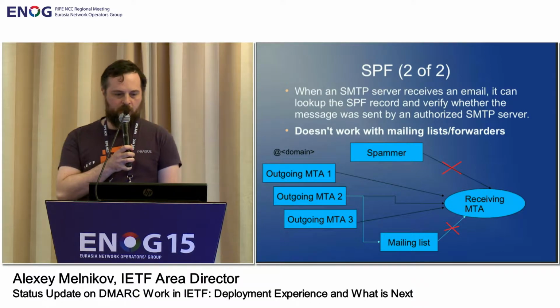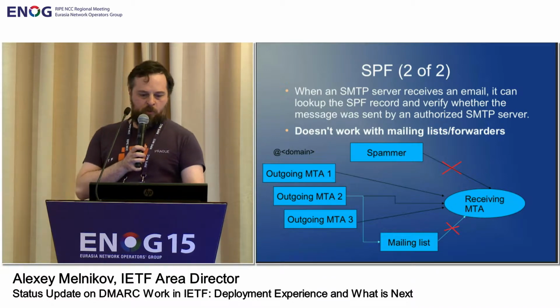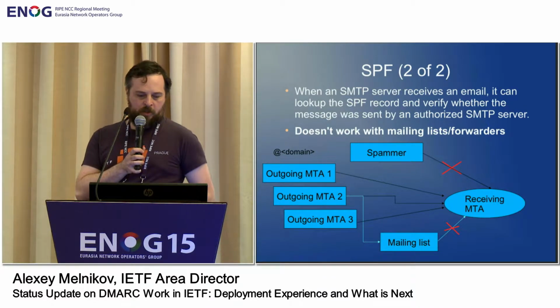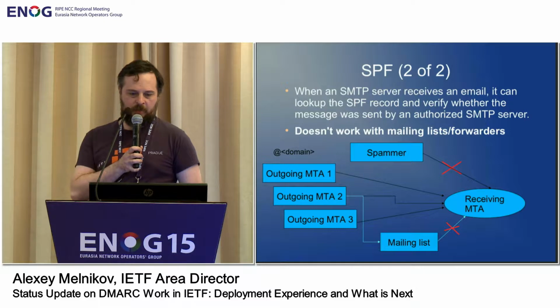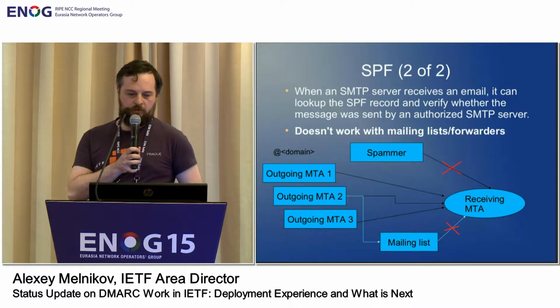So the way it works, let's say we have MTA1, MTA2, and MTA3 as designated SPF senders for a domain. If a spammer is trying to submit a message directly to the receiver, the receiver will check the DNS record, detect that it's not coming from one of the designated MTAs, and reject it.